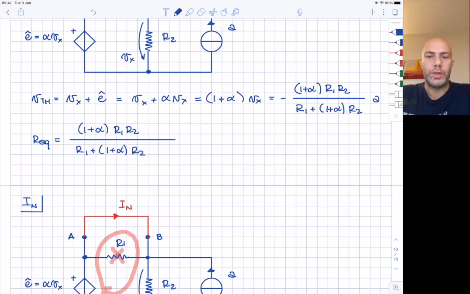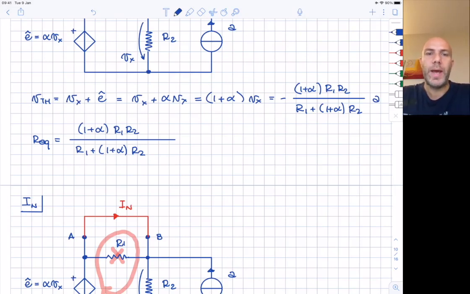The second conclusion is that if we have to deal with circuits with dependent sources, the calculation of the Thevenin's equivalent or the Norton's equivalent are not similar from the point of view of calculation complexity. In this specific case, for example, the calculation of the short circuit current that is required by the Norton's equivalent is much simpler than the calculation of the open circuit voltage required for the Thevenin's equivalent.